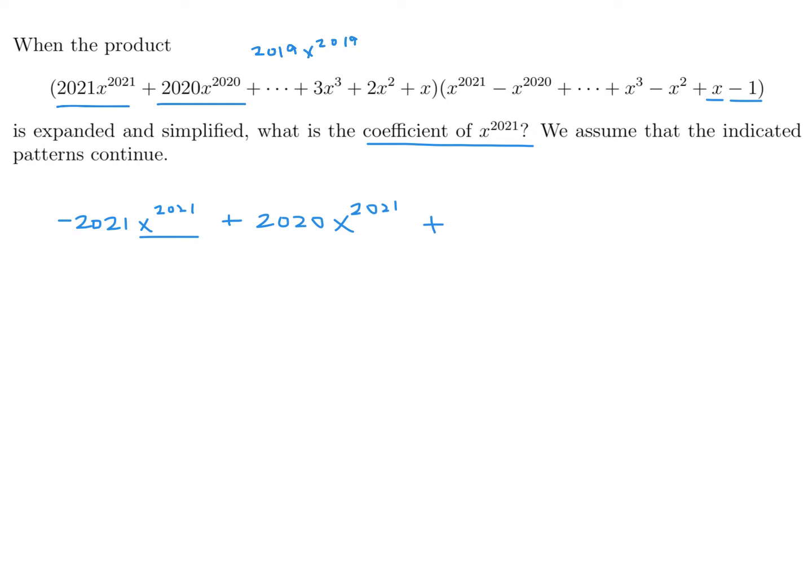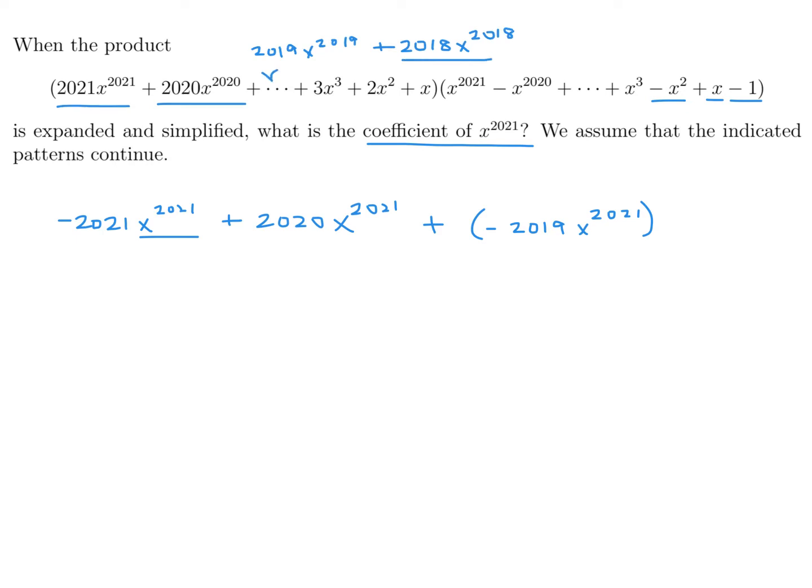So that obviously would need to be multiplied by that. And that would therefore make that negative 2019 x to the power of 2021. And you can continue this process. Then I'll just do one more. The next one is going to be 2018 x to the power of 2018. Correct? Like what would go in there?